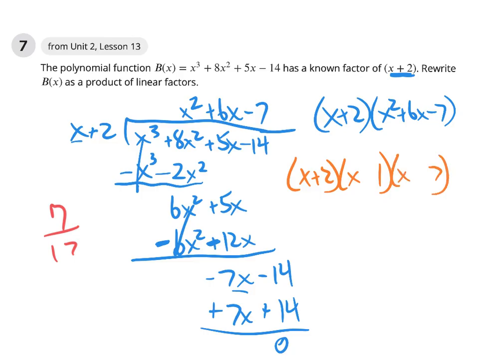Now all you've got to do is figure out the signs. The sign in front of the third term tells you one of them is positive, one of them is negative. The sign in front of the second term is the sign of the larger number. 7 is positive, 1 is negative. Those are your three factors. -1 plus 7 makes positive 6. -1 times 7 makes -7. And that is Lesson 14.